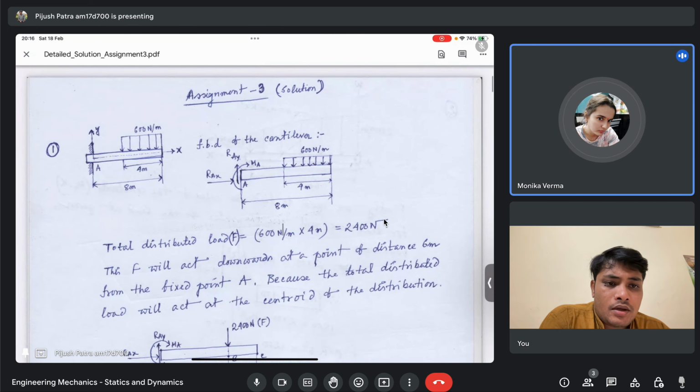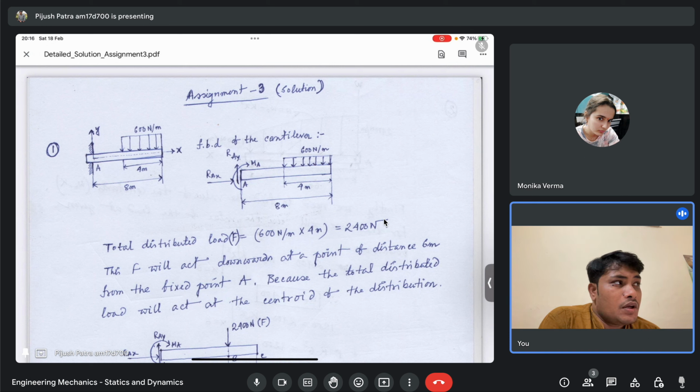Sir, while going through truss, in the graphical method, I was not able to give the particular magnitude. Can you please explain it to me? So in the truss, you are calculating the forces in different members using the graphical method.